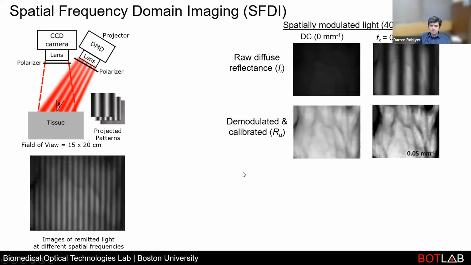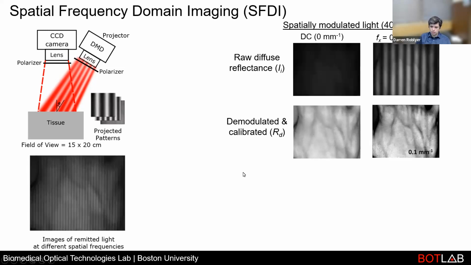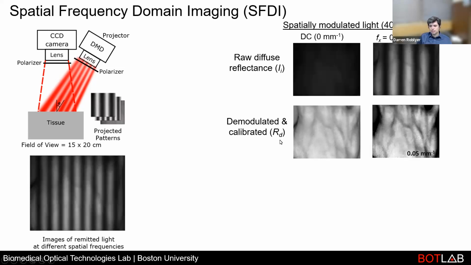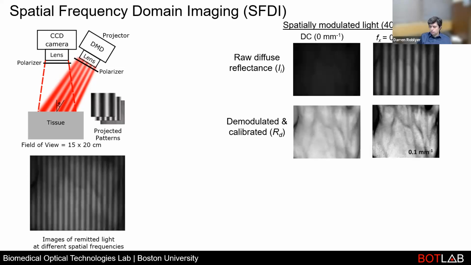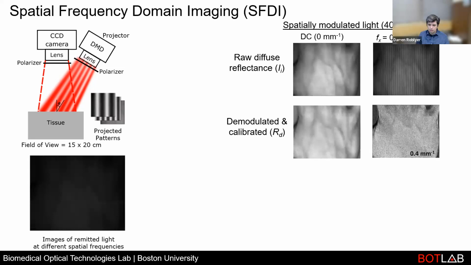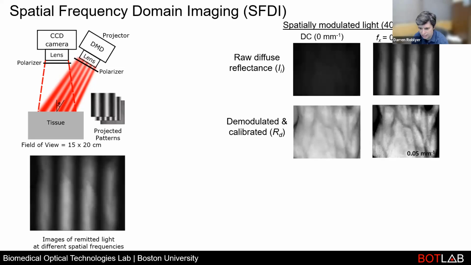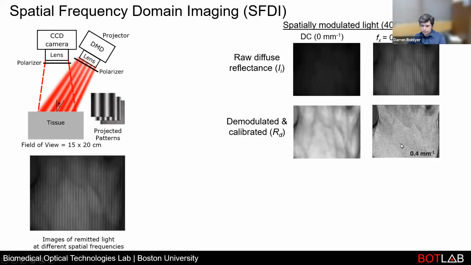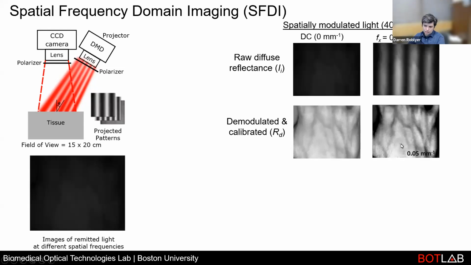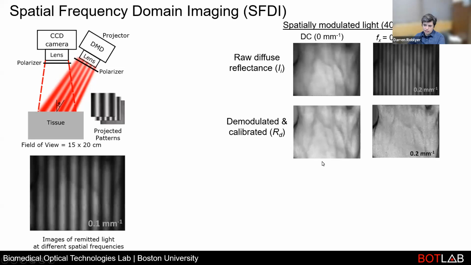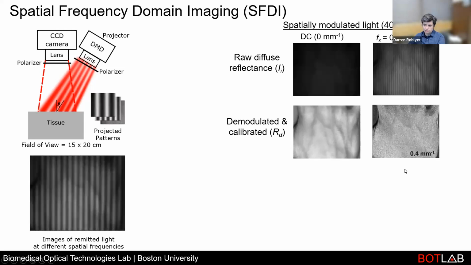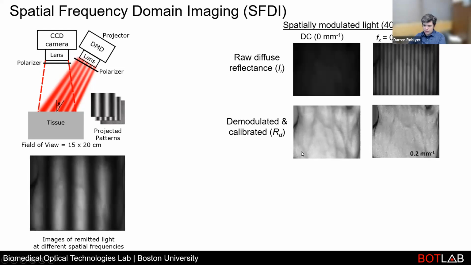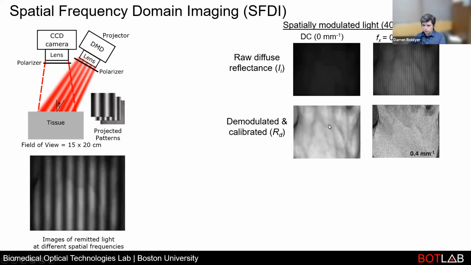But after we go through a demodulation and calibration procedure, we can get diffuse reflectance maps, diffuse reflectance being defined as a value between 0 and 1. It tells us about light out of the tissue versus light in. We can get that at low frequencies and then higher frequencies. And already you can see visually that low versus high frequencies are telling us something different about the tissue. So these are measurements taken, as I mentioned, on the back of the hand, and you can see these superficial blood vessels.